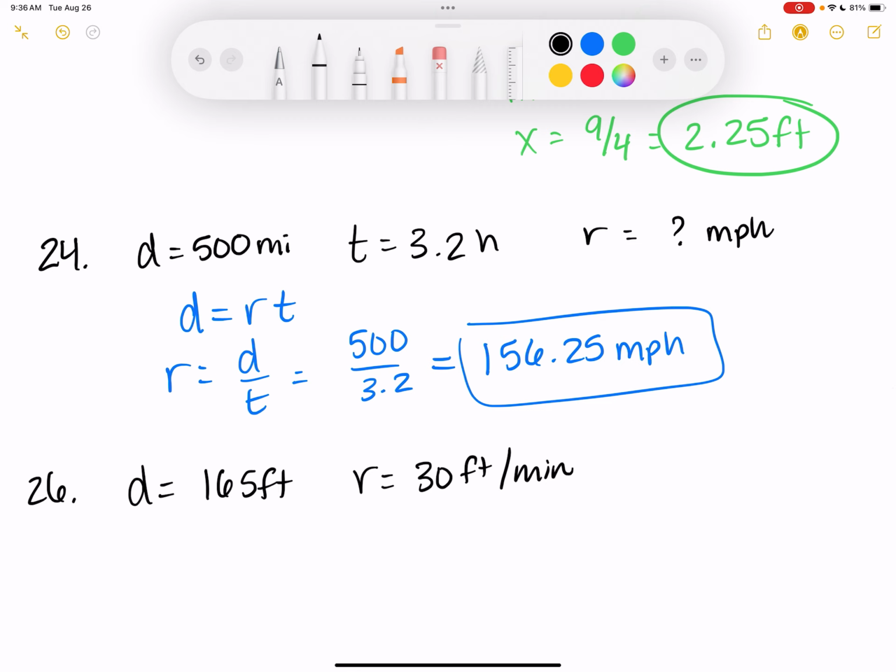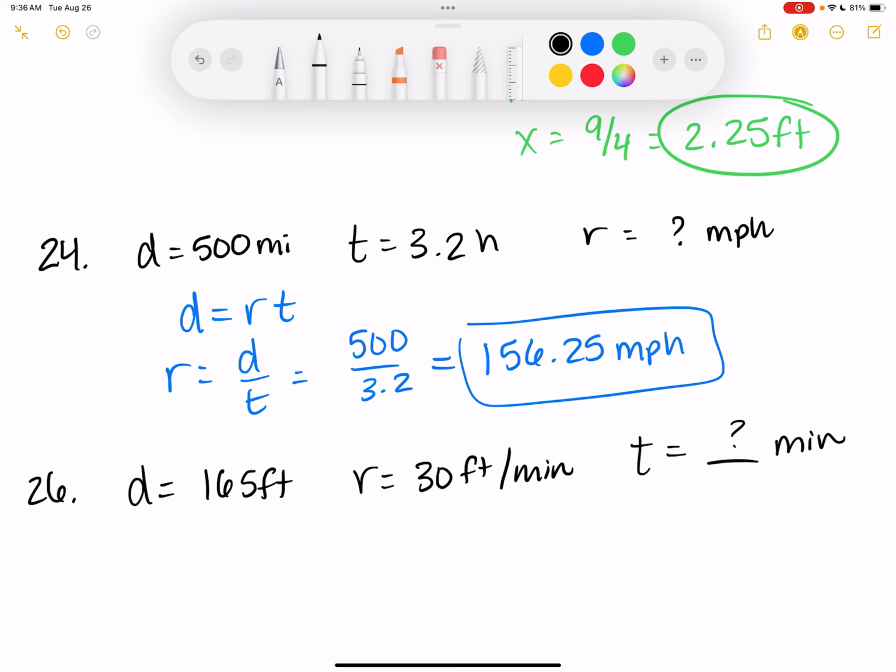How many minutes will it take the diver to return to the surface? And always make sure you pay attention to the units that you're given. This was given in feet per minute, so them wanting it in minutes, we're good. But if that had been given in something else, just make sure you pay attention to that.